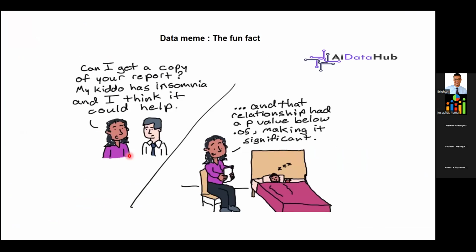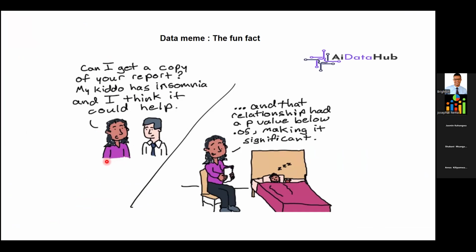So, fun fact or data meme for today. From the link, because we have studied a lot about visualization and I've shared with you a link of do's and don'ts from AI Data Hub, the link that I shared with you earlier. And you can see here, there's somebody who created a nice report in data and this mom is asking, can I get your report? My kid has insomnia and I think it could help.